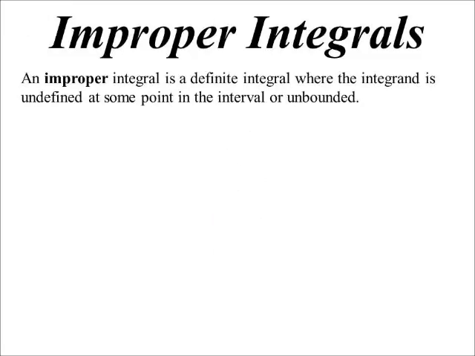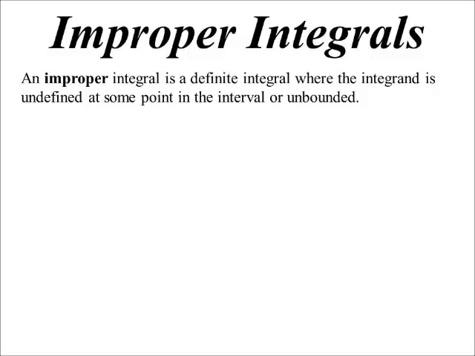Okay, improper integrals. That's when we want to integrate something, but it doesn't exist at one of the endpoints of one of the limits. So it might be, say, for instance, say I was doing my hyperbola over there and I wanted to integrate from 0 to 1.